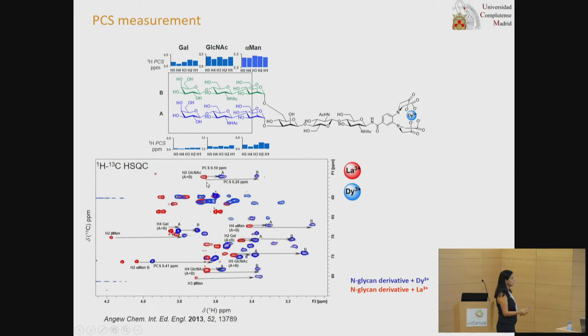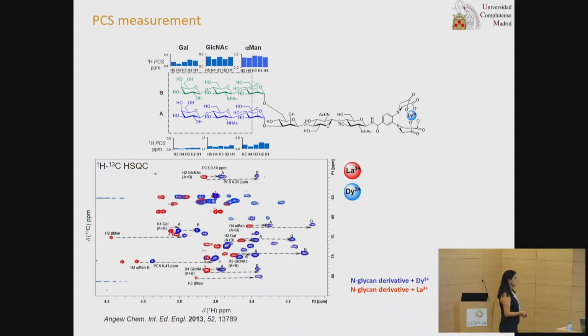In contrast, when we measure the same experiment in the presence of dysprosium, which is paramagnetic, the same signal splits. Now we have two signals. This is good. We can distinguish all of the signals, not only this one that I chose as an example. We have now one peak for each proton in the carbohydrate.